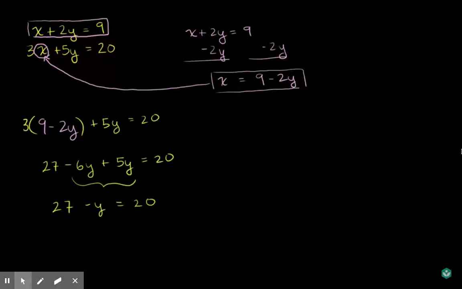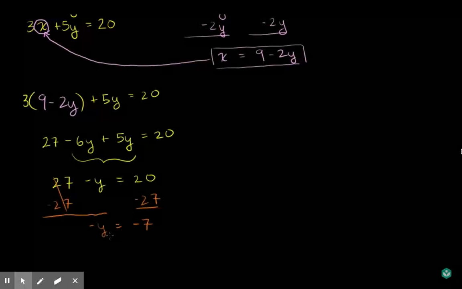The 27s cancel each other out on the left-hand side, and you're left with negative y is equal to 20 minus 27, which is negative 7. Then we can multiply both sides of this equation by negative 1, and we get y is equal to 7.